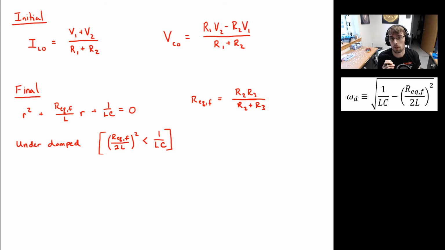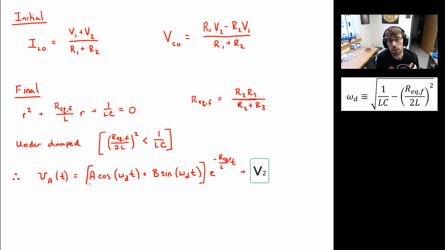For the case that we are dealing with, we found that it was underdamped. That means that our solution will be of the form cosines and sines with an exponential decay. And I've tacked on a constant at the end here because of the form of our second order differential equation. We had an inhomogeneous equation, but it was a constant, so I can just tack that on the end here.